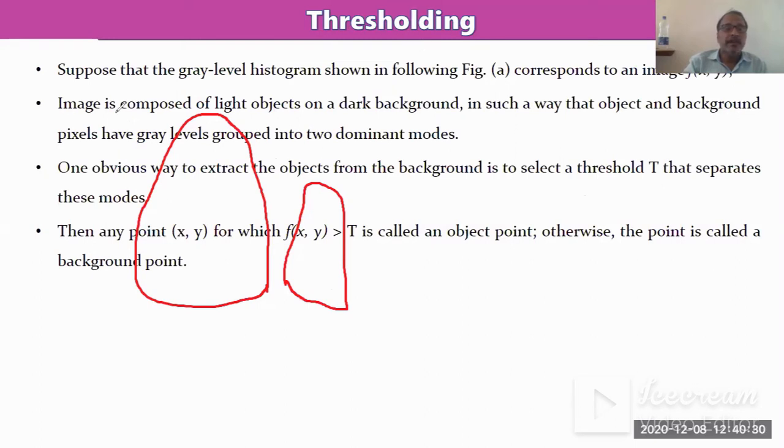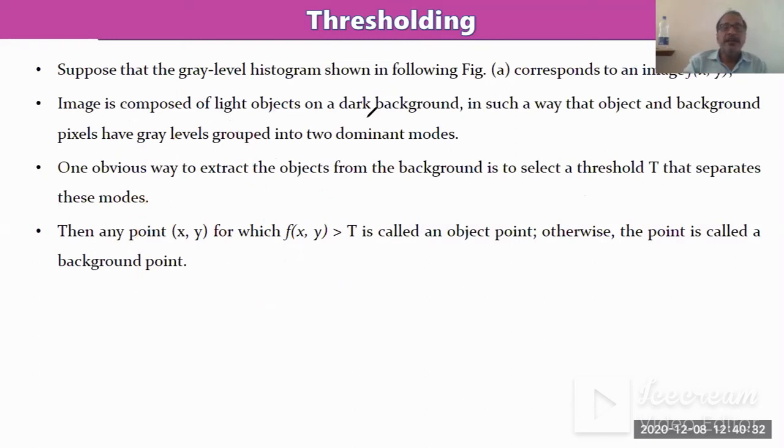So here the image is composed of a light object on a dark background, so that the object and background pixels have gray levels grouped into two dominant modes. One obvious way to extract the object from the background is to select a specific threshold value that separates these modes.